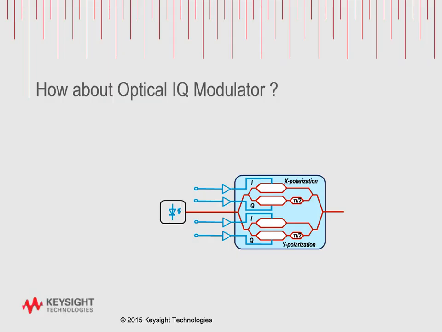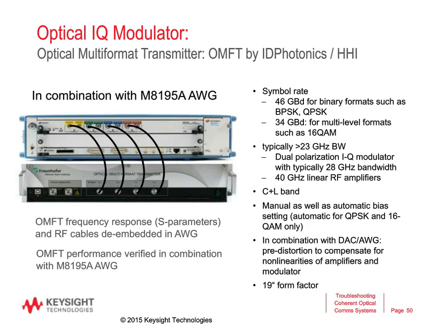How about an optical IQ modulator to get optical signals? We have evaluated a couple of different optical modulators, and we found the optical multi-format transmitter by ID Photonics, or the Heinrich Hertz Institute in Germany. And we did extensive tests and performance verification in the combination of the OMFT and the arbitrary waveform generator.